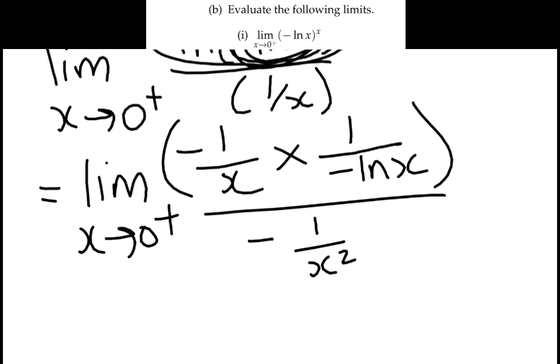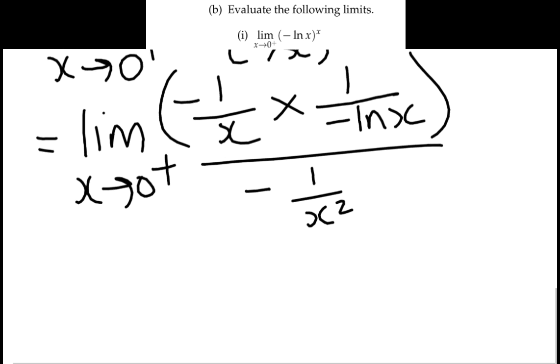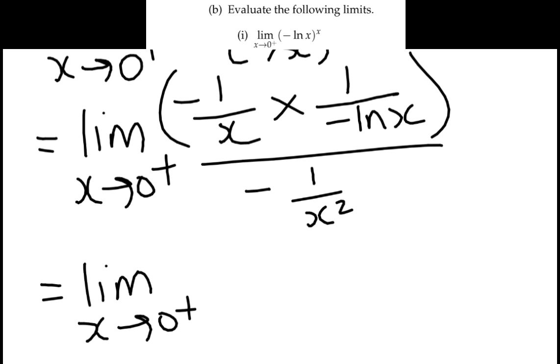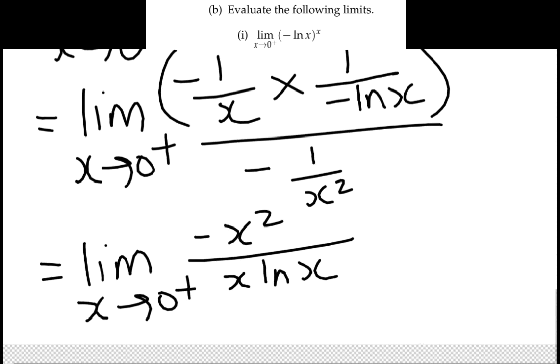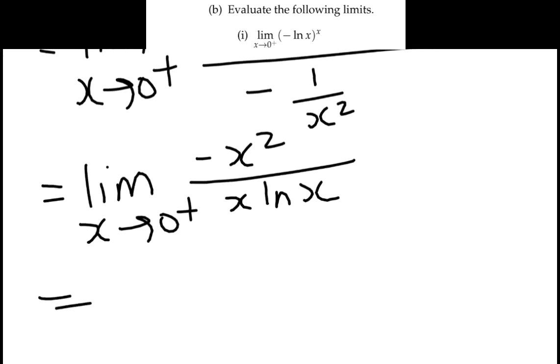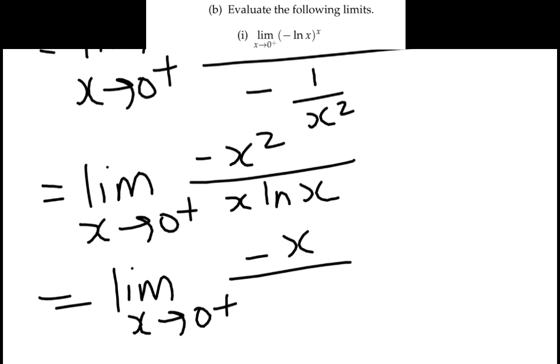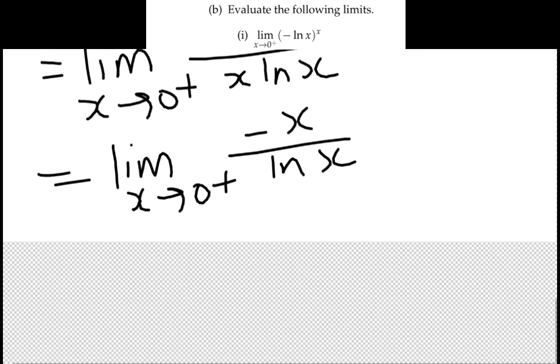Now we can do some rearranging and simplifying, and if you do that, what we end up with is something like this. The x at the top, we can cancel with the x at the bottom. So what we have is negative x left on top and ln x at the bottom.